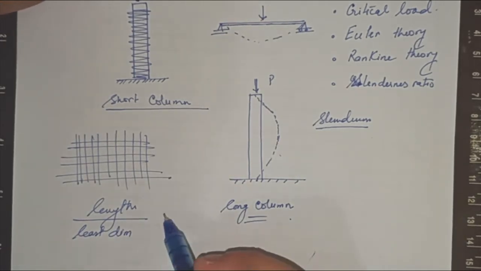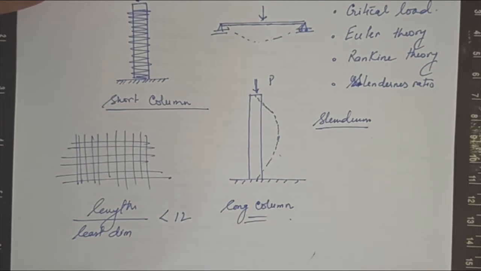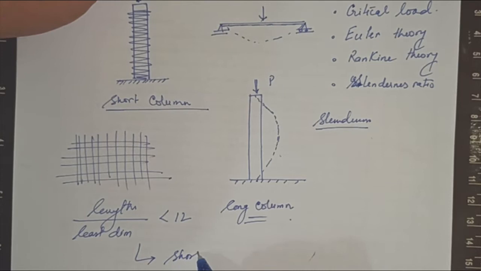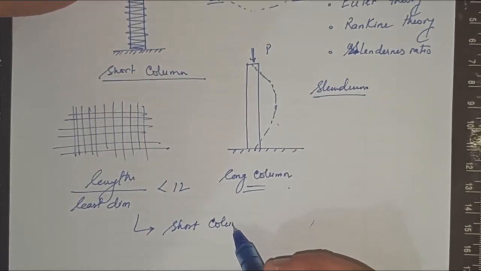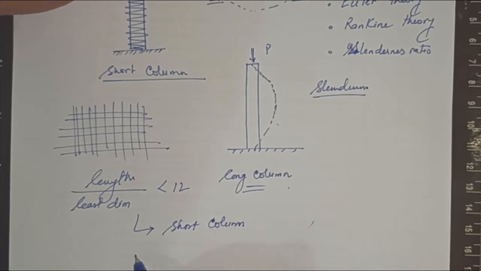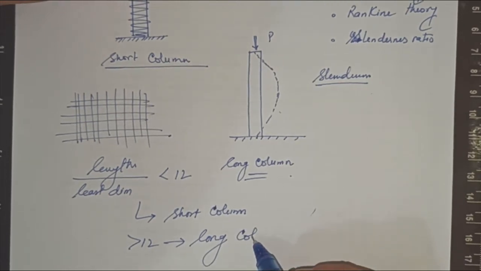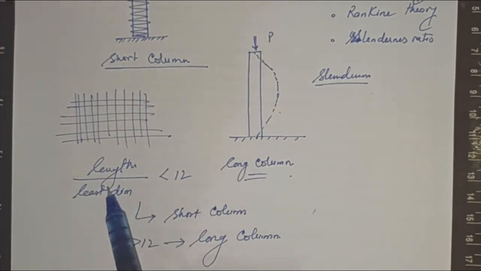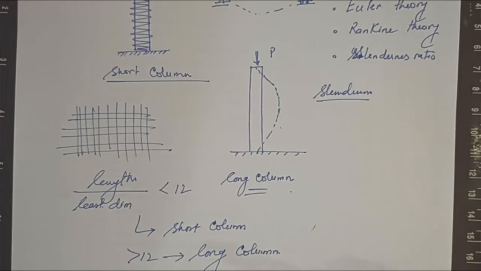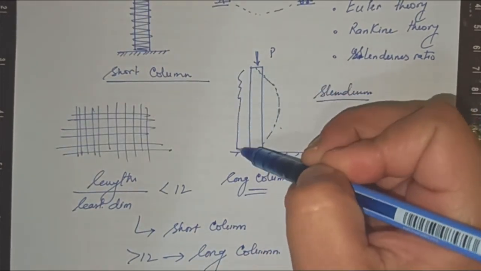This should be smaller than 12 for a short column, and greater than 12 for a long column. So what is length upon dimension? Length means the length of the structure.